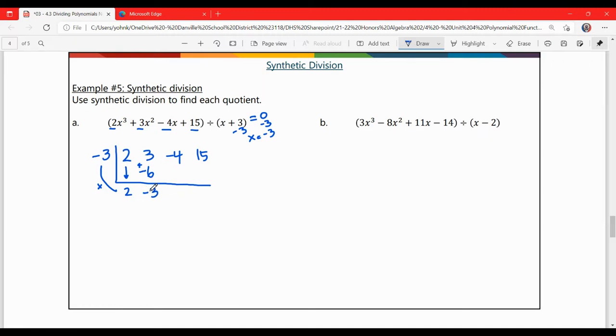I'm going to take the -3 and multiply it by the -3 and I'm going to get 9. And then I'm going to add and I'm going to get 5. And then I'm going to do 5 times -3 and I'm going to get -15. And then I'm going to add to get 0. That 0 means that there's no remainder.